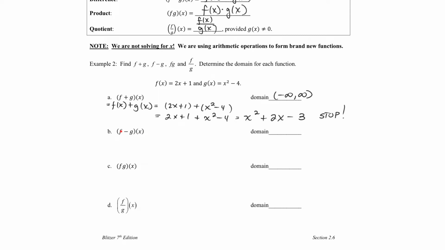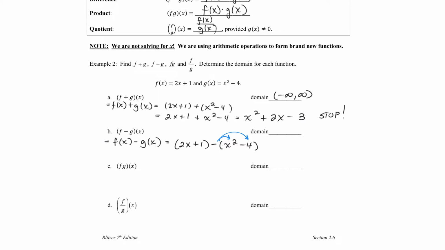Now, f minus g of x, the only thing that we have to be mindful of here is because we are finding f of x minus the entirety of g of x, we need to use our parentheses, and we need to make sure to distribute this negative sign across all of g of x, right? And that's the biggest mistake that students make with the difference of functions.